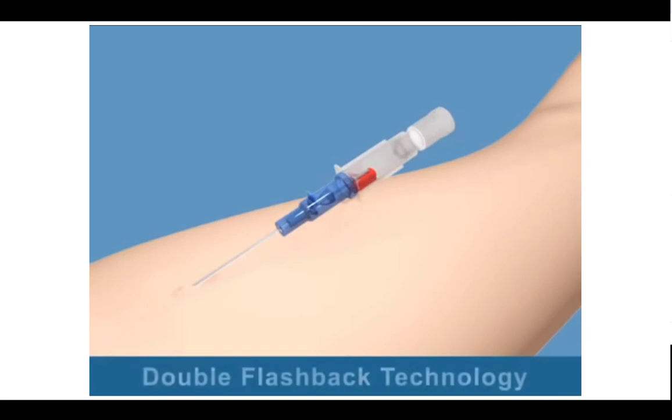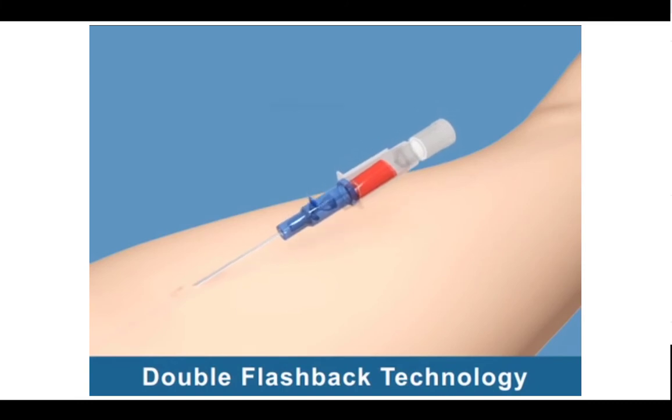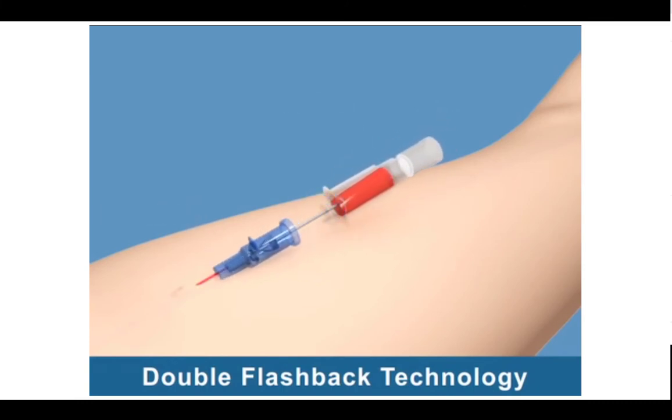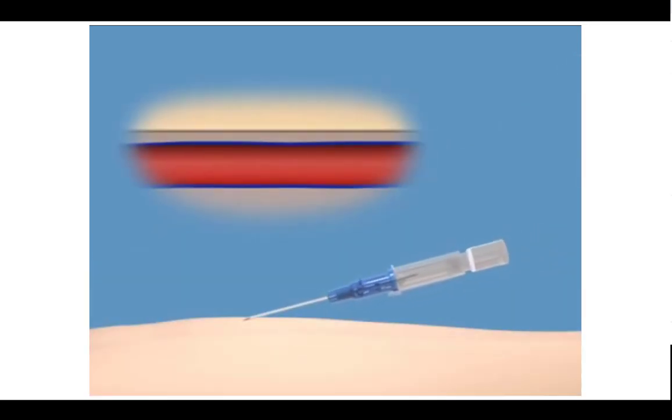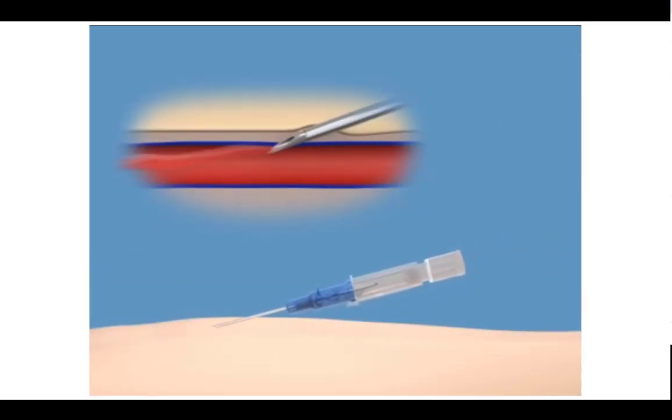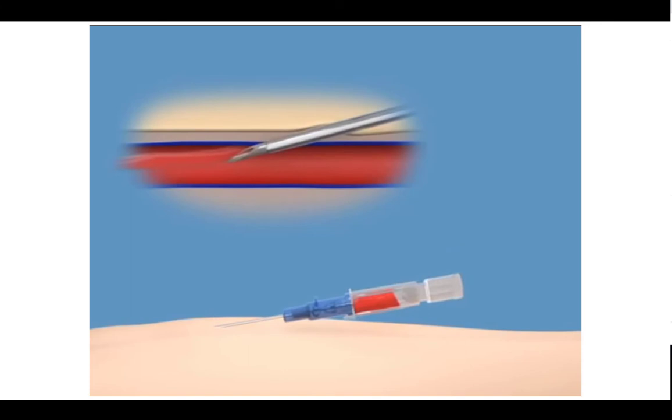Intracan Safety's double flashback technology improves first stick success through quick visualization of both the needle flash and the catheter flash. Here's how the double flashback technology delivers this benefit. Upon insertion, the first flashback of blood, needle flash, is visible in the clear flashback chamber, confirming the needle tip is in the vein.